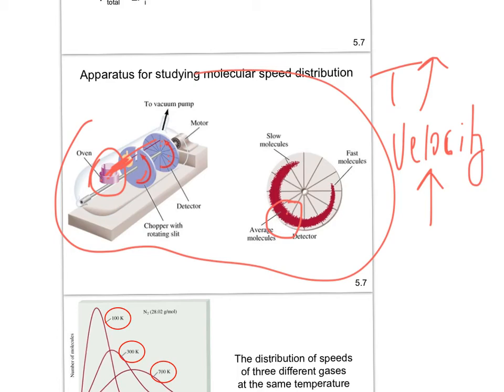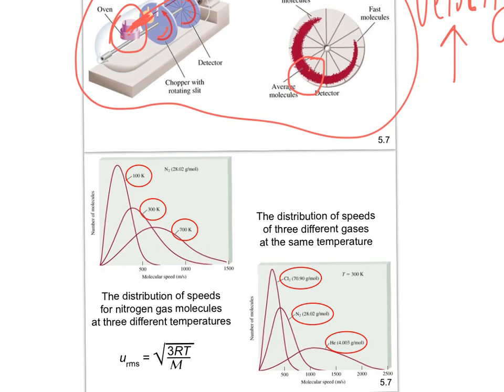But the other thing you notice is that the distribution also flattens out. At a colder temperature, these are all grouped more tightly around their max. You'll have some moving slower, some moving faster, and then this is the average velocity. Notice that the curve widens. So as you get warmer, you have more distribution.